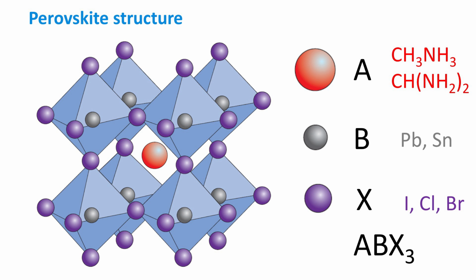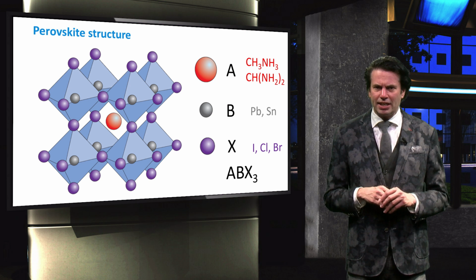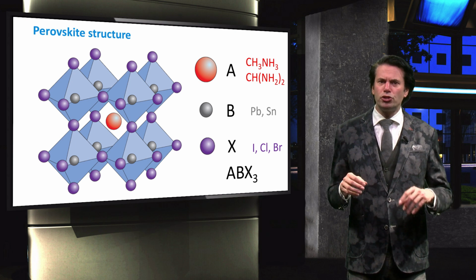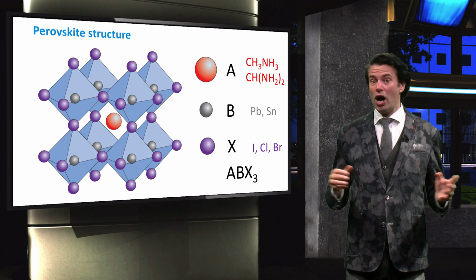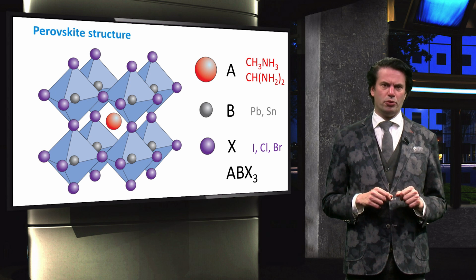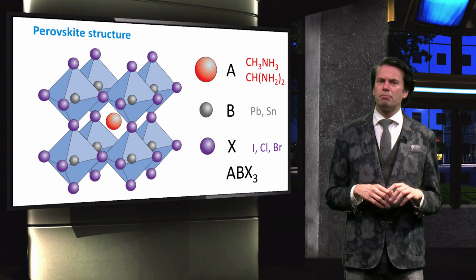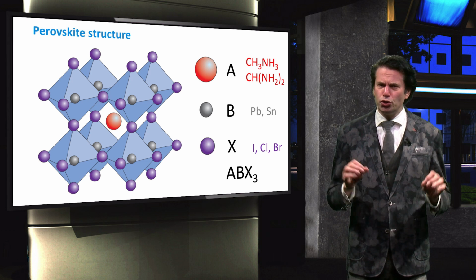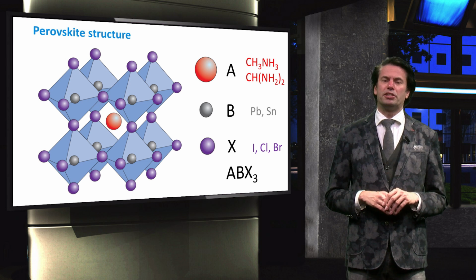X is a halogen, such as iodine, chlorine, or bromine. Often these mixed halide materials are used. The cation B usually contains lead, while tin can also be used. The halide perovskite materials have received extensive attention in PV research due to their promising physical properties.